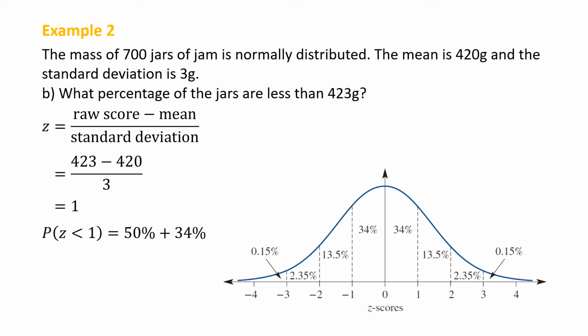Right, so the probability that z is less than 1 is going to be the first half, 50%, plus 34% from 0 to 1 standard deviation, which is 84%. Therefore, 84% of the jars have a mass that is less than 423 grams.